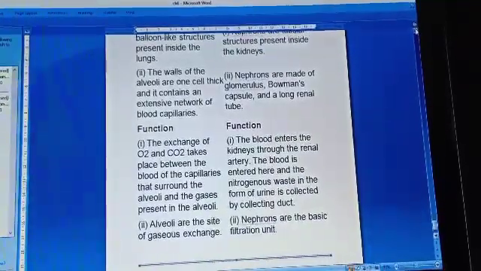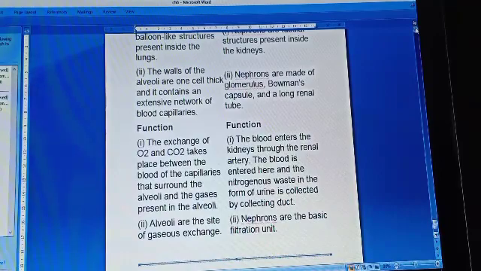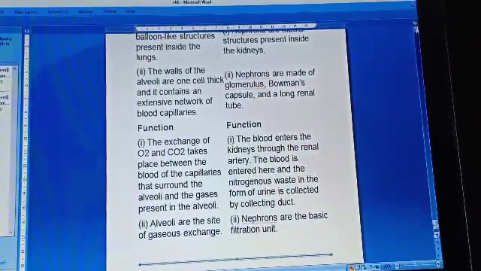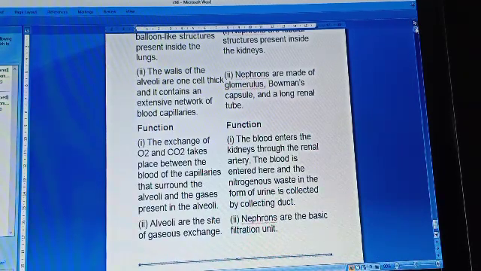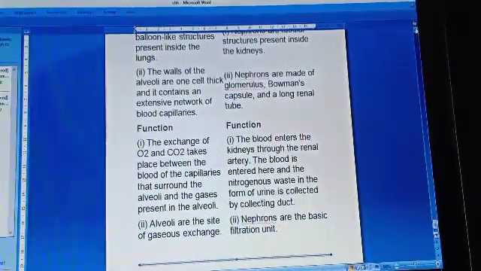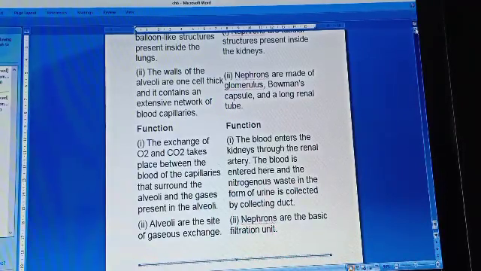As we know, the alveoli are related to respiration, so the main function of the alveoli is the exchange of O2 and CO2, which takes place between the blood of the capillaries surrounding the alveoli and the gas present in the alveoli.